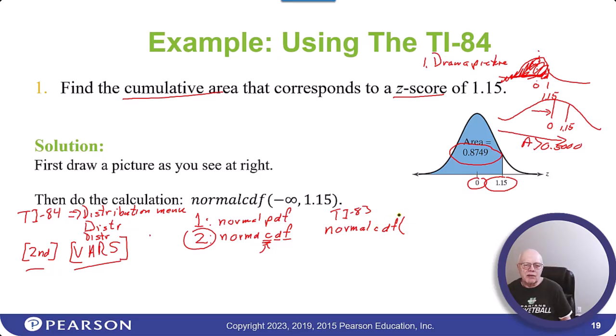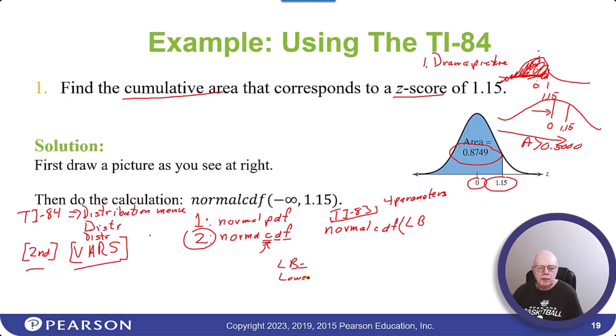With the TI-83, you're going to have 4 parameters. That means four numbers or options that you need to put in. The first one is the lower bound, LB, lower bound. That's going to be where you want the calculator to start adding up the area.